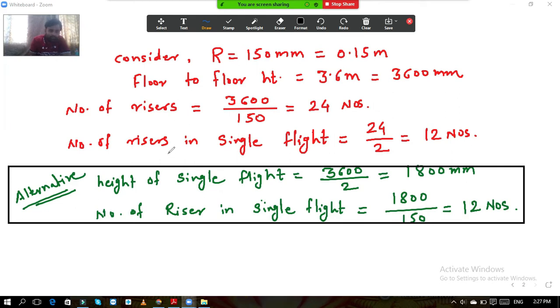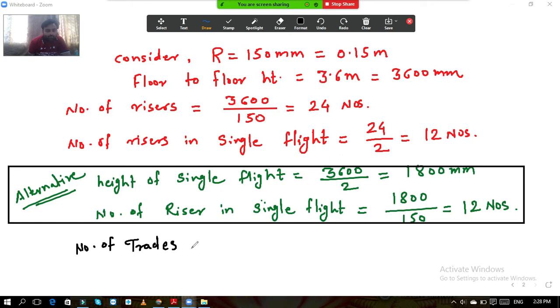Both of these are the same, so whichever you find easy, you can adopt it. Now next, after the calculation of risers, we will calculate the number of treads.